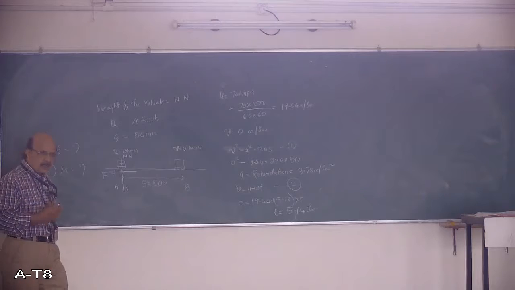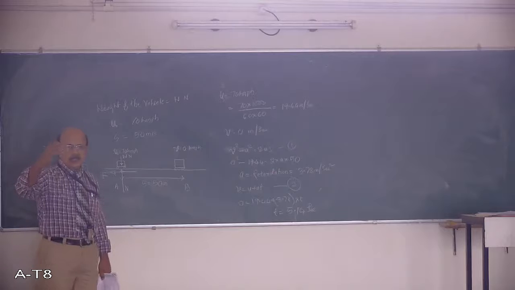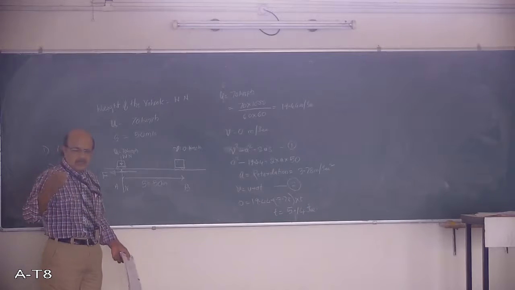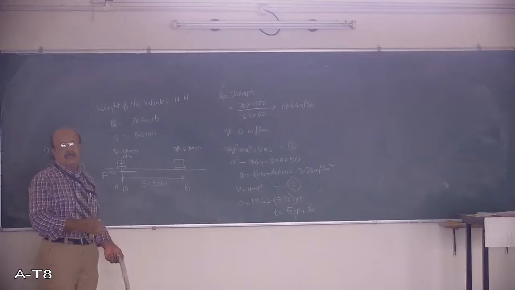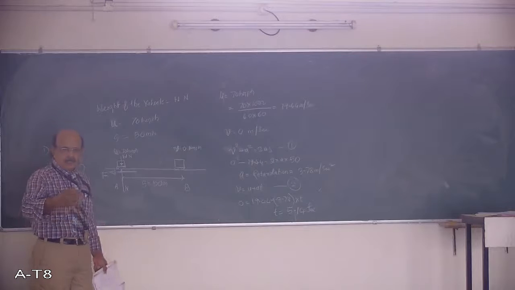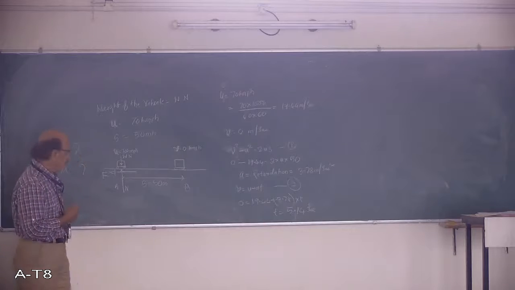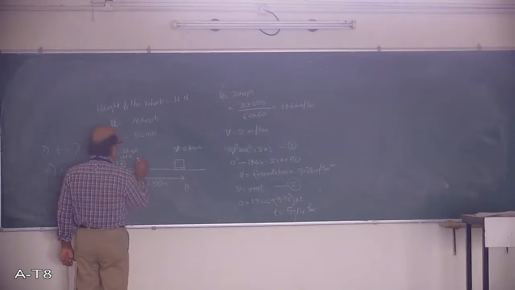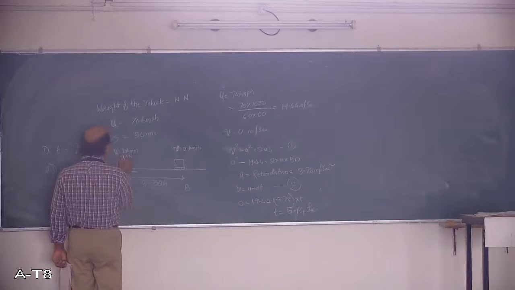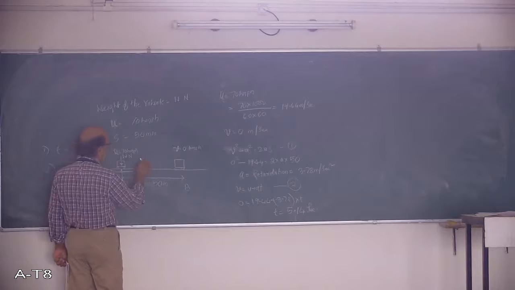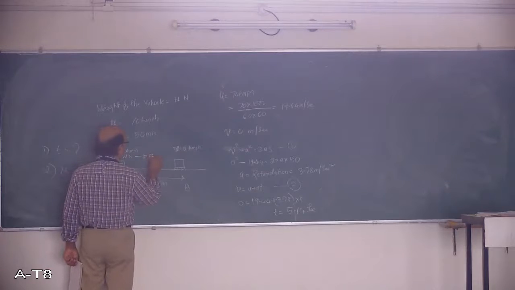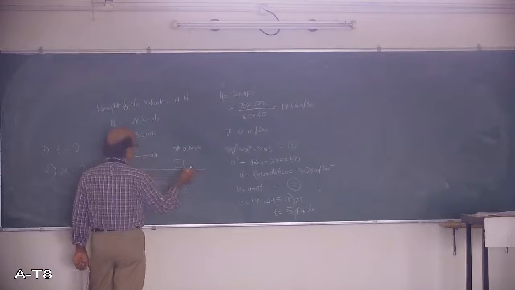If the vehicle is accelerating, increasing the speed, the inertia force will act opposite to that. If the vehicle's velocity goes on decreasing, that is retardation, then it will act opposite to that. As in this case the acceleration is in this direction, because the velocity goes on decreasing, there is an inertia force, I call it MA, acting in this direction.